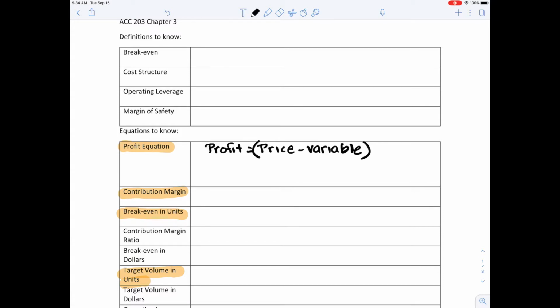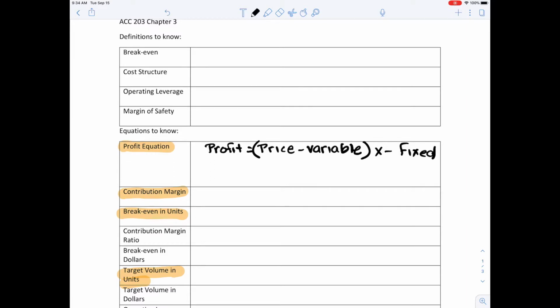We're going to multiply that by how many items we sell and subtract our fixed cost. Now, we can break down this equation so that you know, at break even, profit is 0. So remember that when we start to work on some of these equations.